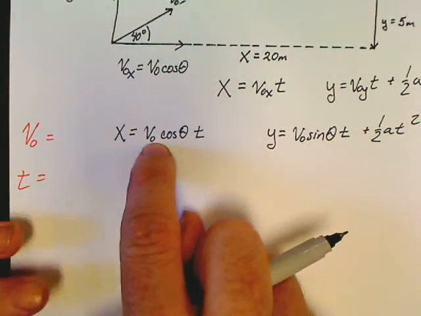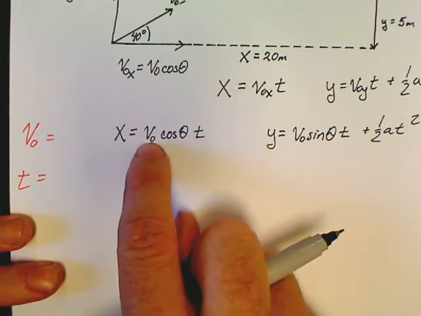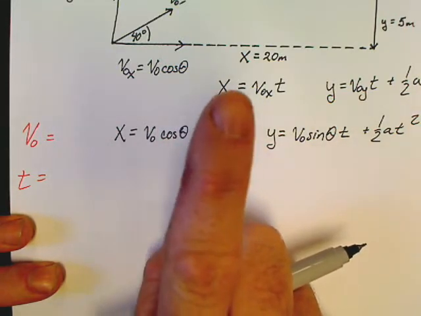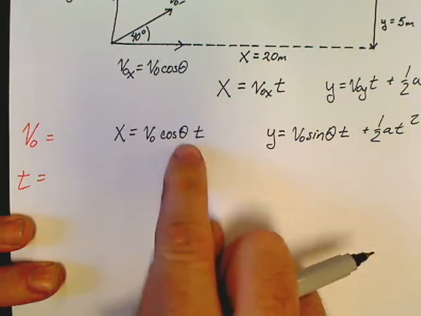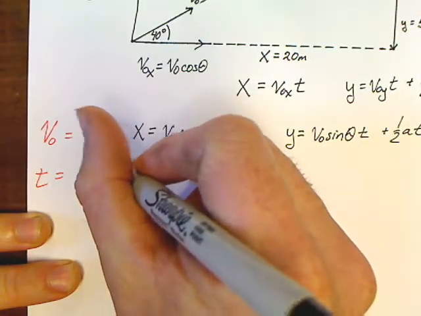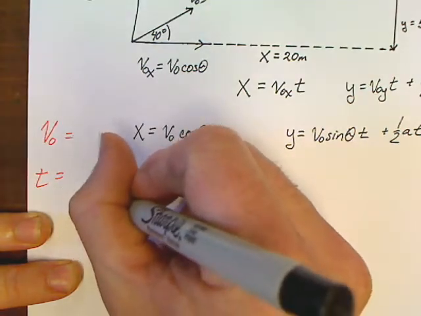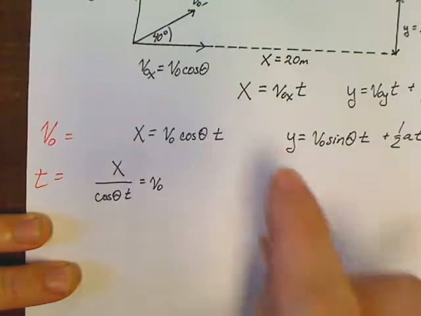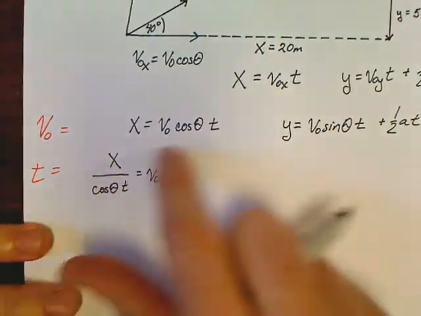So let's solve this equation for VO first. If I want VO, what's the opposite of multiplying by cosine theta and the opposite of multiplying by t? Divide both sides by cosine theta t. So I have x over cosine theta t equals VO. What if I wanted to solve it for t and try that approach?